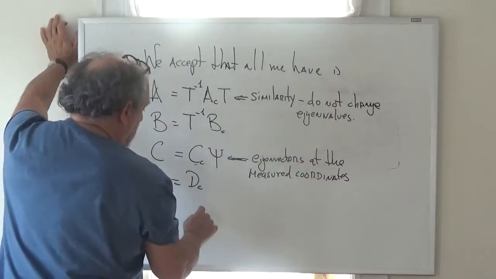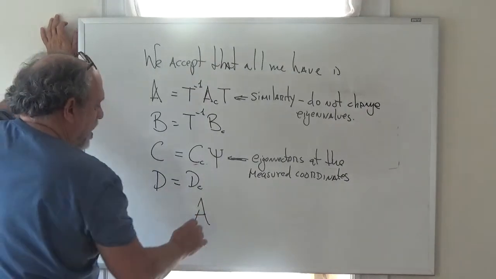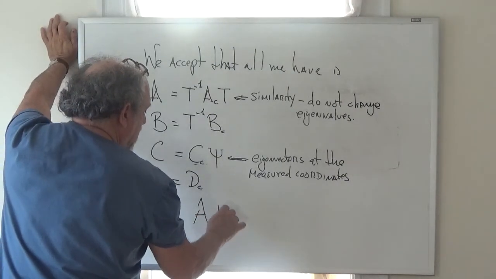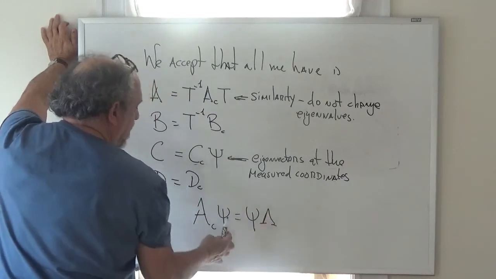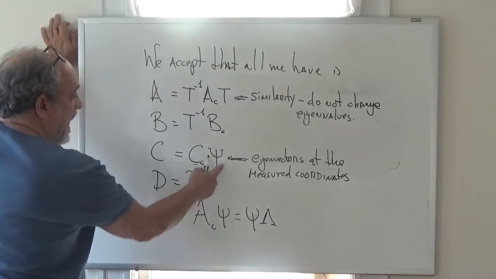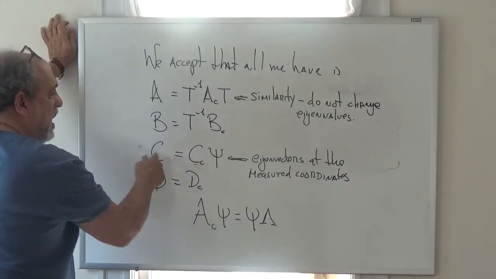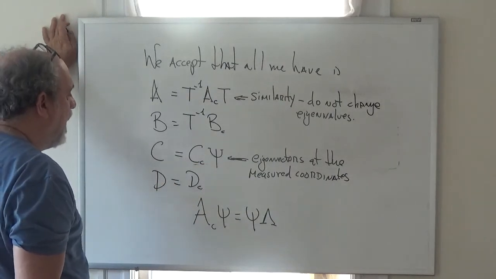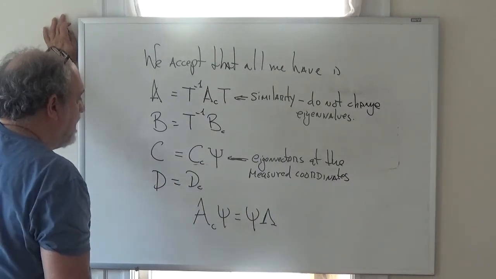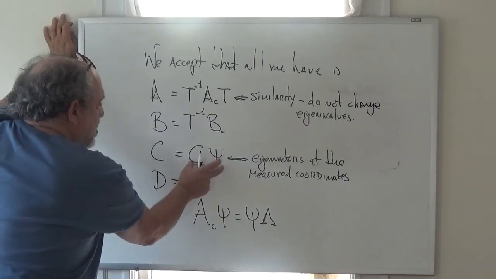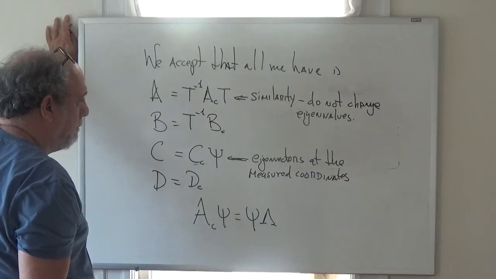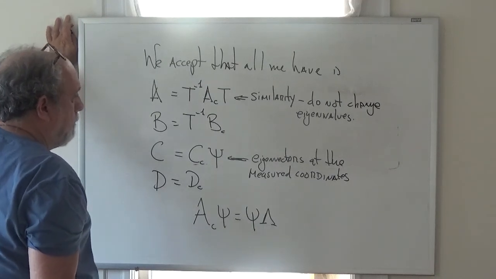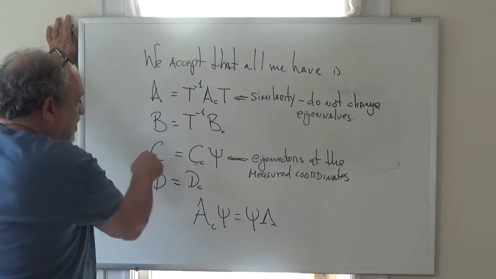Where this phi, in case I change the notation, is such that A continuous times phi is equal to phi times lambda. So these are the eigenvectors of the A. When they get multiplied by the C, you get this, which together are the eigenvectors of the measured coordinates. Okay? Yeah, this is what I called the big phi before.